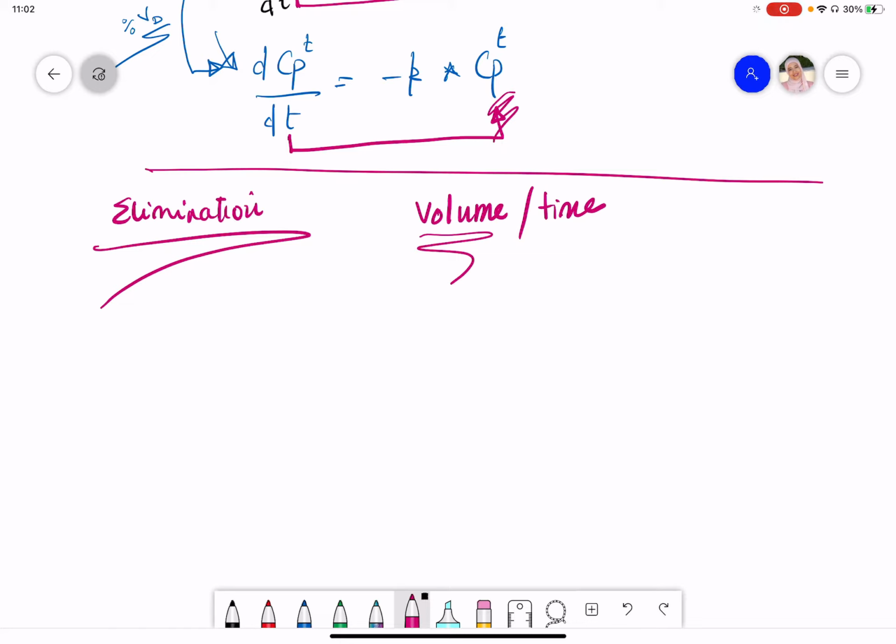So accordingly, volume per time as a term would be constant. And this term, we call it the clearance of the drug.